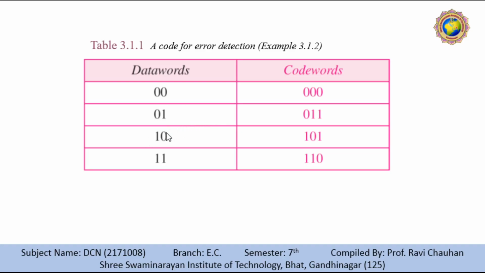Over here we can say that the result of XORing any code word with any other code word is a valid code word. For example, XORing the second and third code words will generate the 4th one. Here, if we XOR 1 with 1, we get 0; 1 with 0 is 1; 0 with 1 is 1.